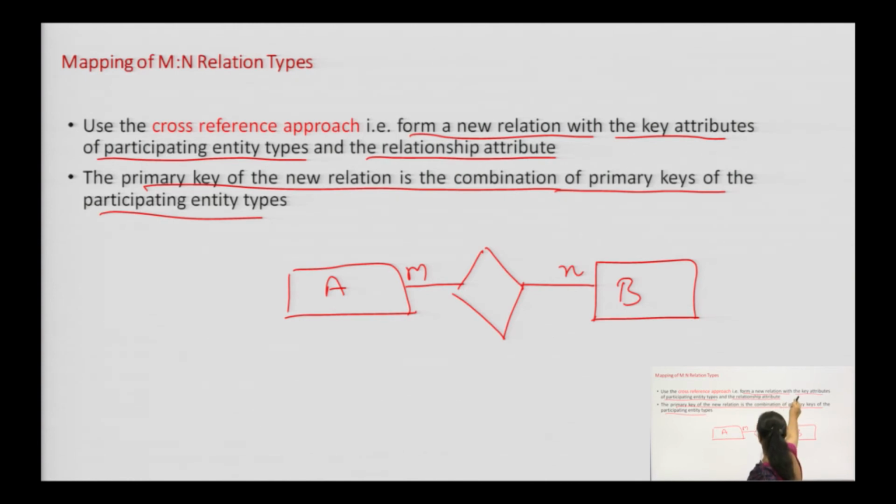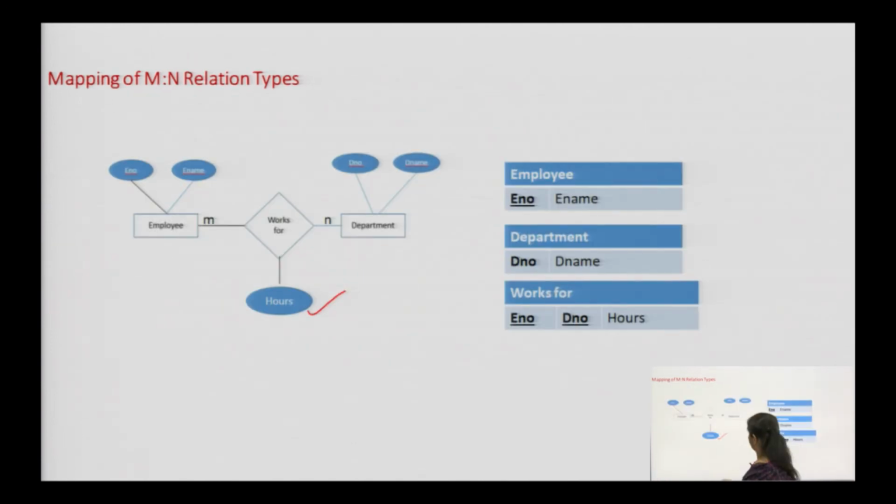Form a new relation with the key attributes of the participating entity types, employee and department, and the attribute of the relationship type if it exists. This is the attribute of the relationship type, and what will be the key? The key will be ENO plus DNO, that is the combination of the keys of both the participating entity types.